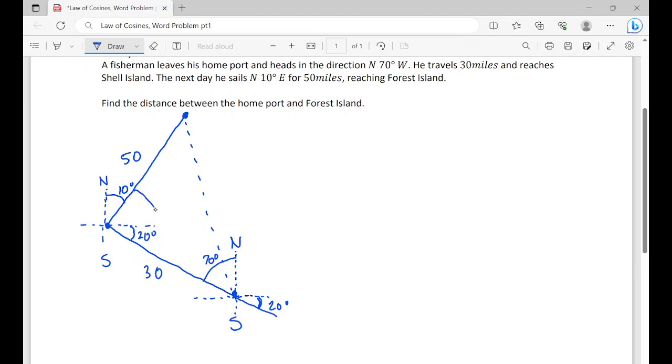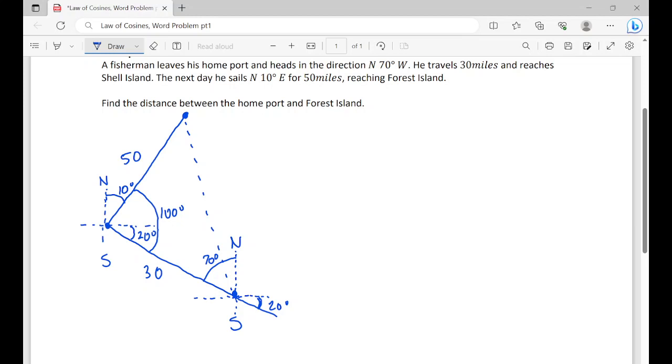So this angle measurement here is 100 degrees. Very helpful, because now I have these two sides and this angle measurement, and I have this unknown side. So I can actually use, again, the law of cosines.